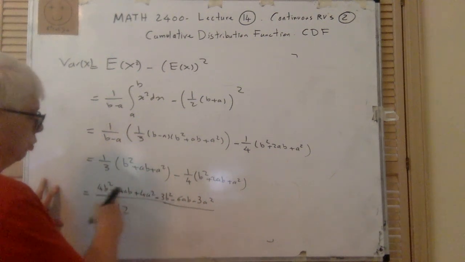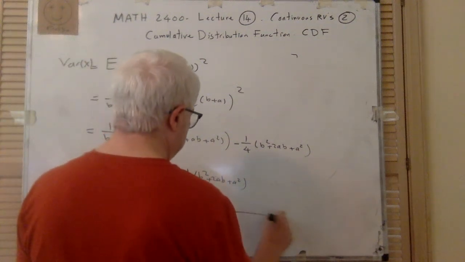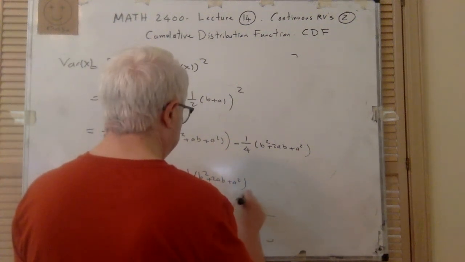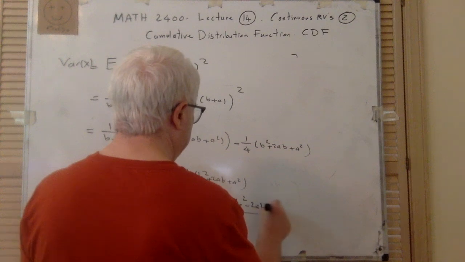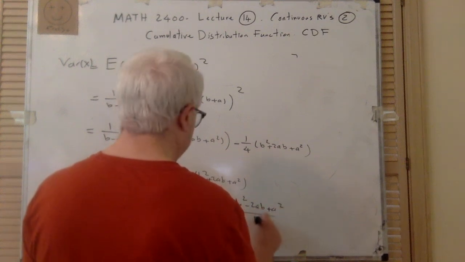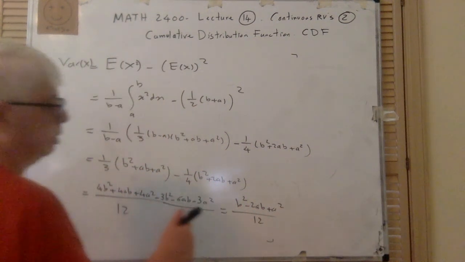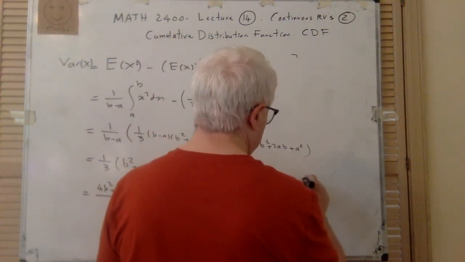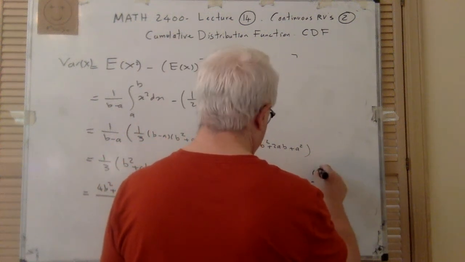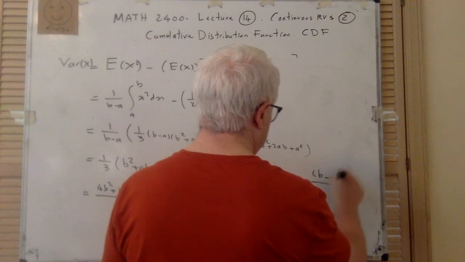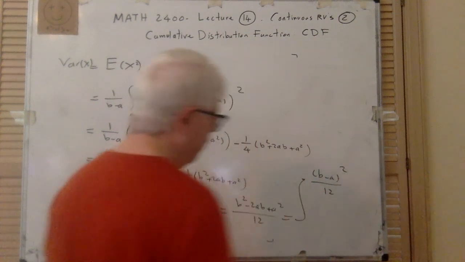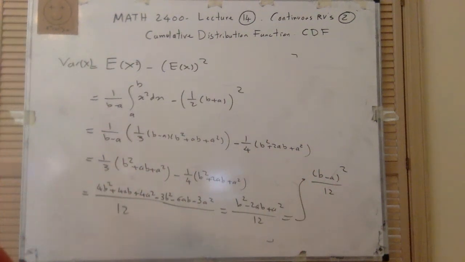So this is b squared minus 2ab plus a squared over 12. That is in fact (b minus a) squared over 12. Yeah, I think that's correct.